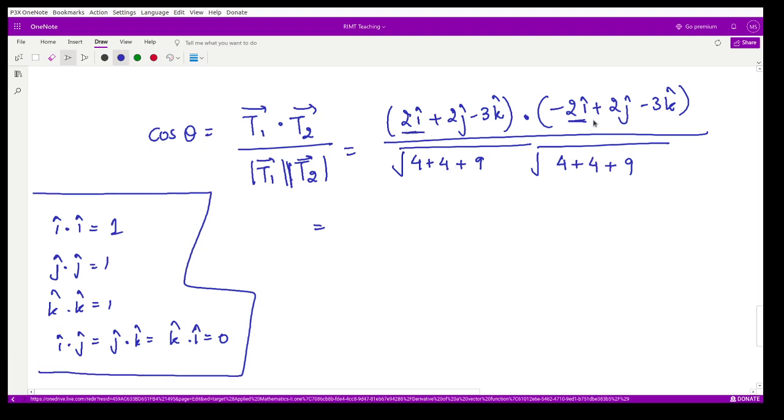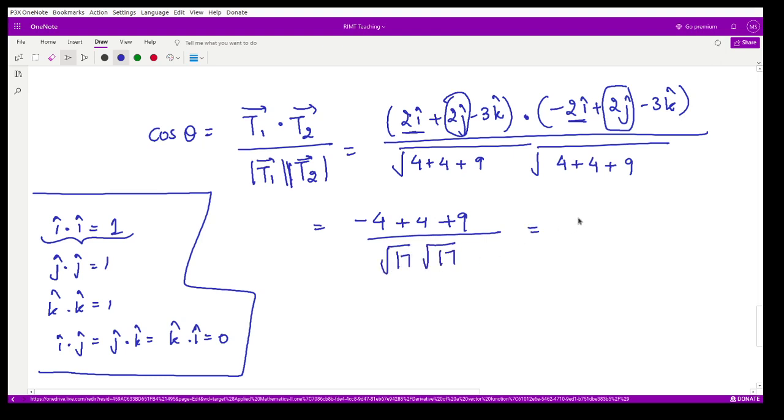So when you do this, you are going to multiply only the i term with the i term. That means 2 into minus 2, that is minus 4, and then 2 into 2, that is equal to plus 4, and then minus 3 into minus 3, that is equal to plus 9. So this is divided by square root of 8 plus 9, that is square root 17, and square root 17.